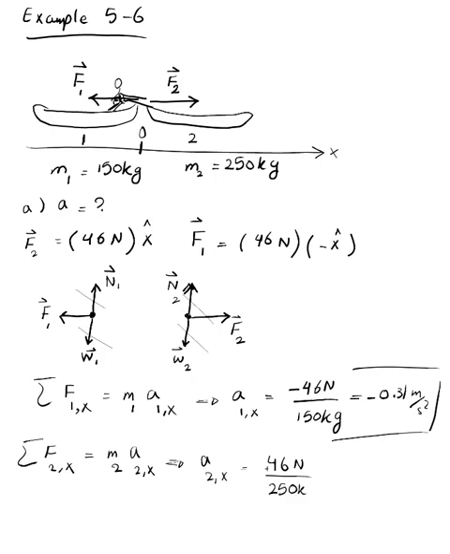Now you can see how the mass affects the acceleration. This canoe is heavier, so it is going to accelerate less, 0.18 meters per second squared. This is a very logical result, because if something is heavier, it is more difficult to move it.